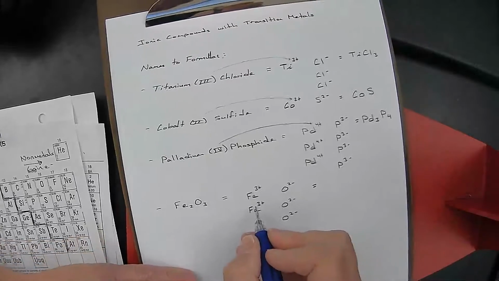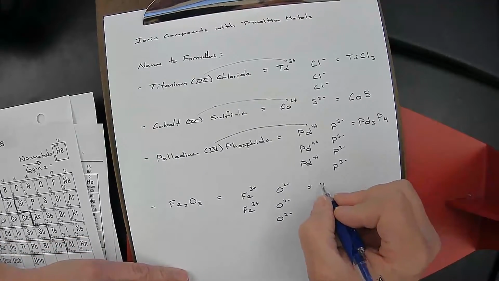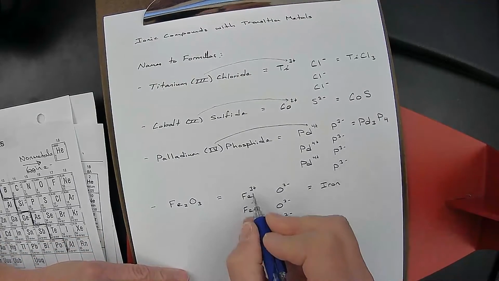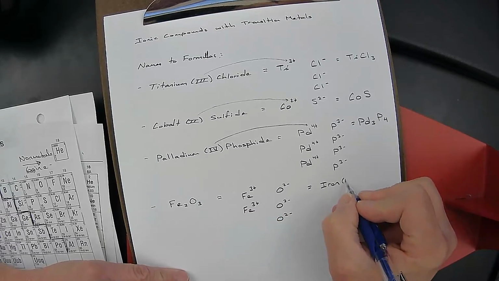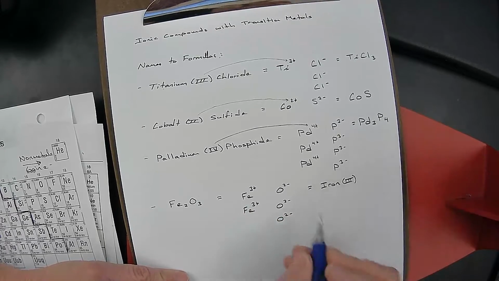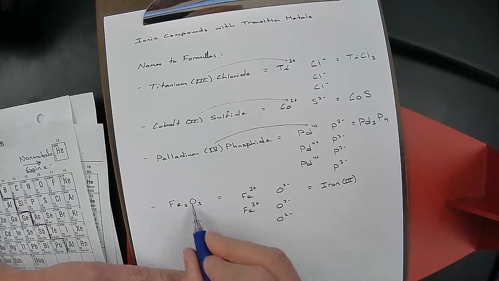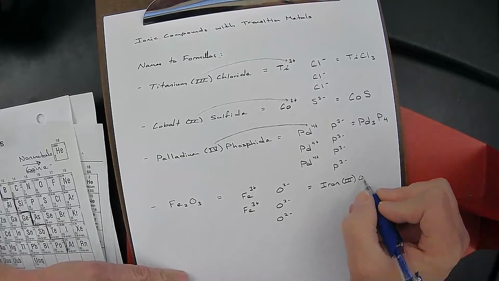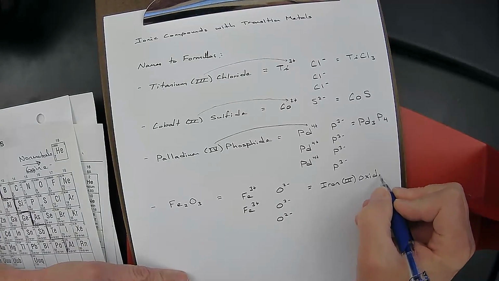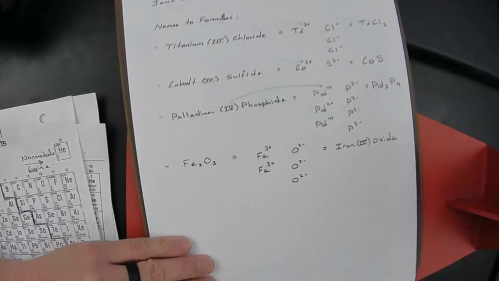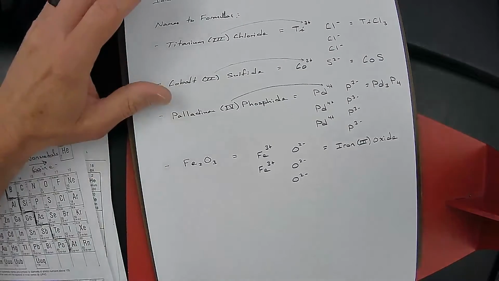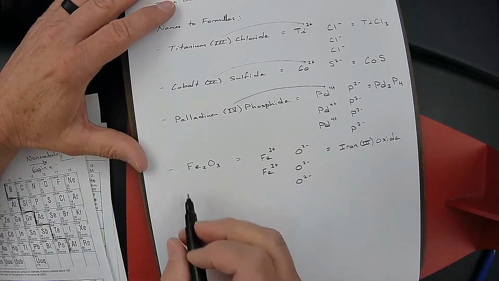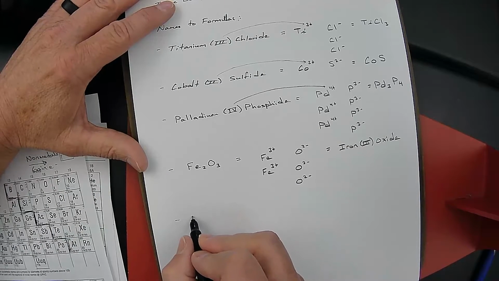And so when we name this, it's going to be iron with a Roman numeral 3, because we found out that its charge is a 3+. Iron 3 oxide. Another example is Cu2O.